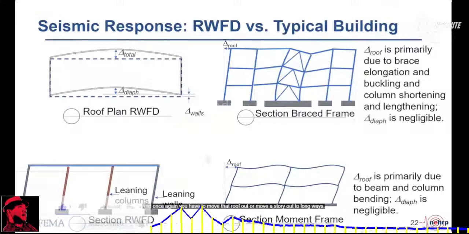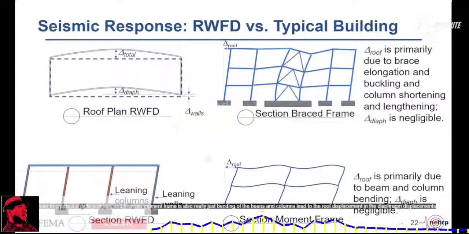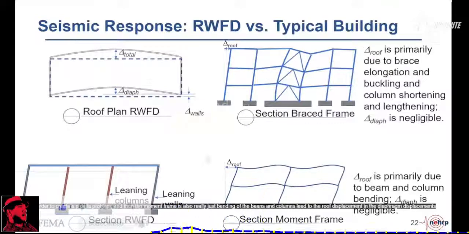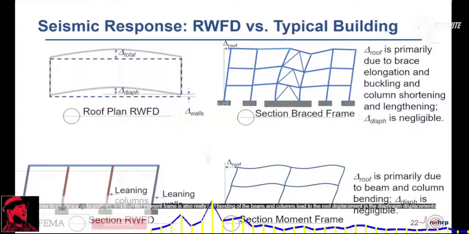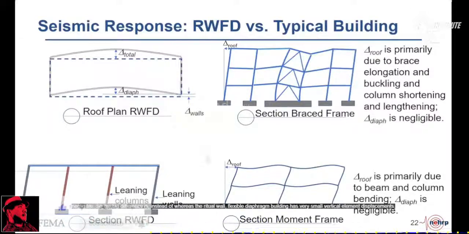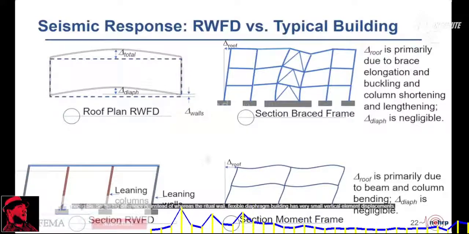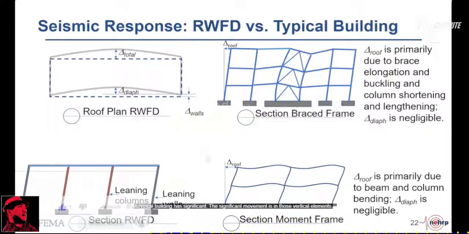And once again, you have to move that roof or a story out very far in order to create a P-delta problem. And the moment frame is also really just bending of the beams and columns leading to the roof displacement, and the diaphragm displacement's negligible. So the big difference is whereas the rigid wall flexible diaphragm building has very small vertical element displacements, a typical building has the significant movement in those vertical elements.